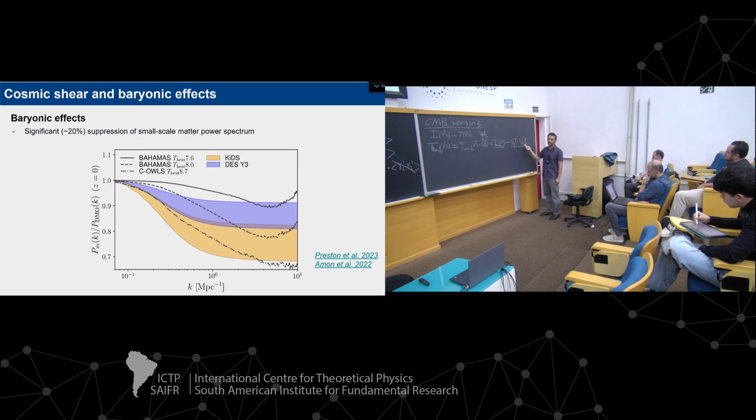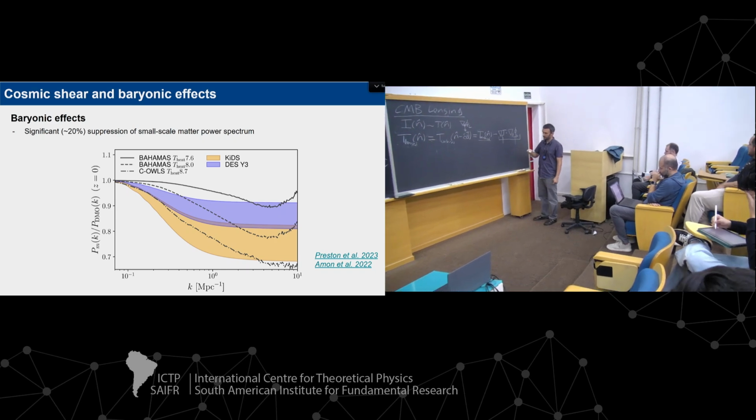But the product of two Gaussian fields is not a Gaussian field. So weak lensing will generate non-Gaussianities on the temperature fluctuations map. So this is one way of thinking about weak lensing as something that gives you higher order correlators in your CMB map.